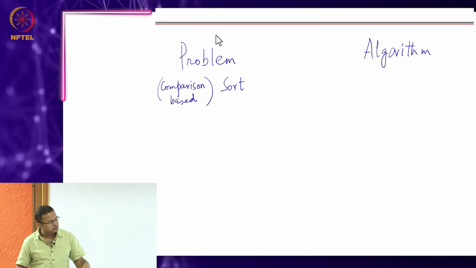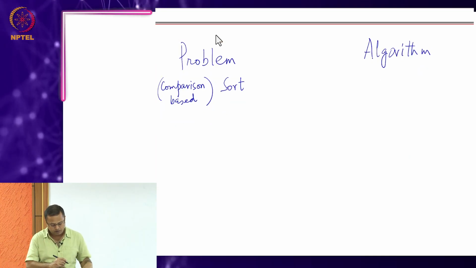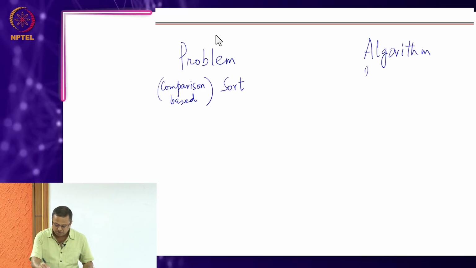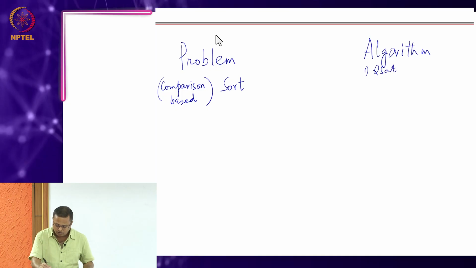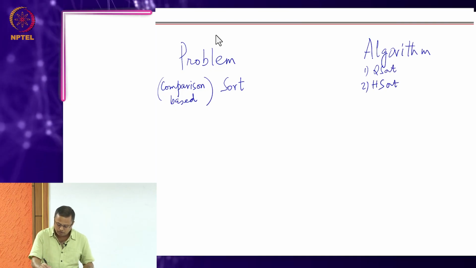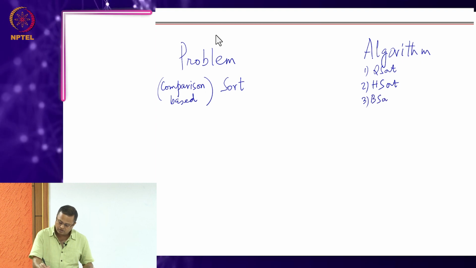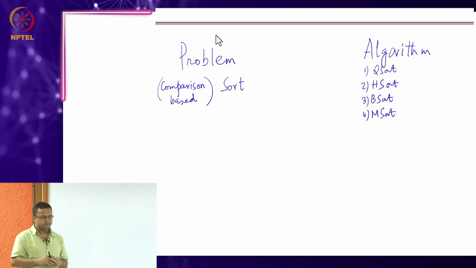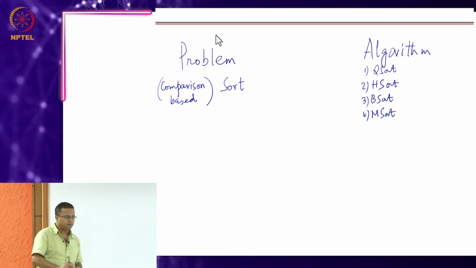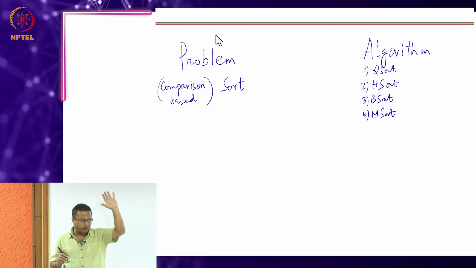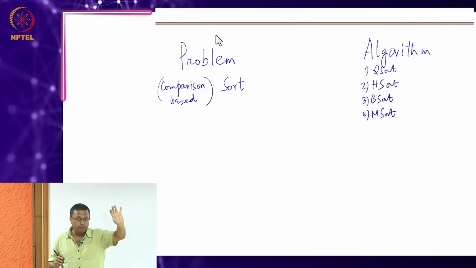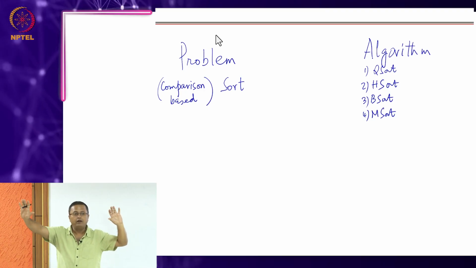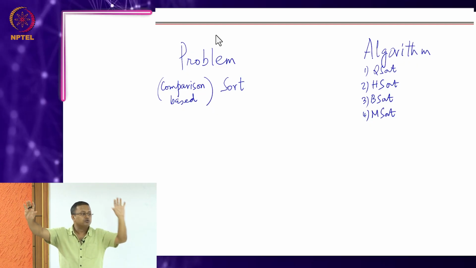So, the way these lower bounds are proved is as follows. You have this comparison based sort. You have algorithms for it, say maybe quick sort, heap sort, my favorite bubble sort, merge sort, and so on and so forth. These are algorithms to solve a problem. So, now you have a well posed, well defined problem, and a machine model on which you solve this problem.